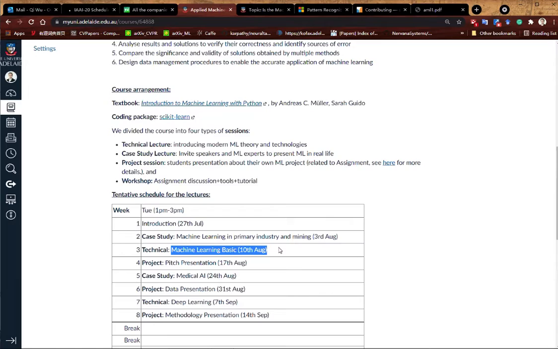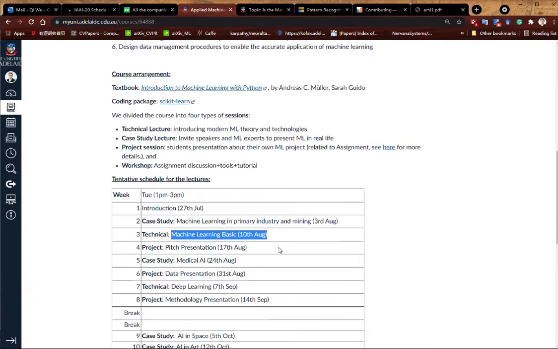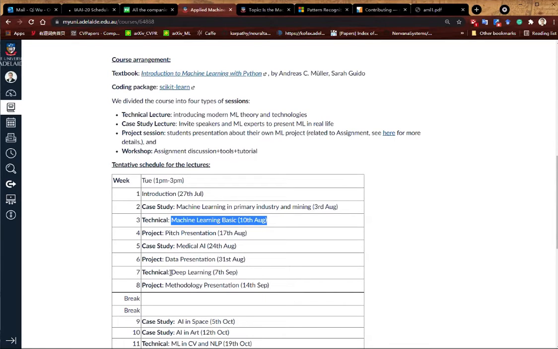So I will use this technical session to recall some concepts you have learned, like what is supervised learning, what is unsupervised learning, what is reinforcement learning, right? So what kind of algorithm can be used for what kind of applications. And in one technical session in September, I will introduce deep learning, which is one of the hottest topics in current AI.